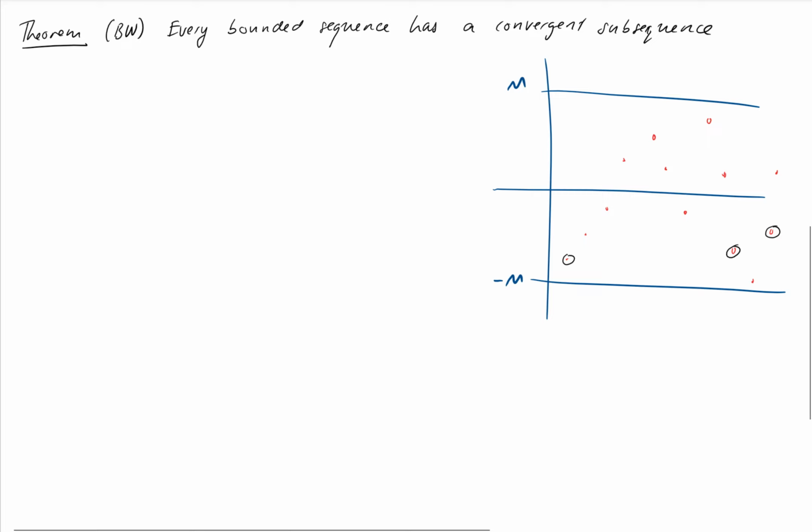Now there might be a different subsequence that converges to a different limit. That's entirely possible. But the remarkable thing about the theorem, it says that no matter what set of random points we throw in there, if they're bounded, then we'll be able to extract a convergent subsequence no matter what. So it says something about how the real number line behaves, that no matter how we distribute our points, we are always able to extract a sequence like this from it.